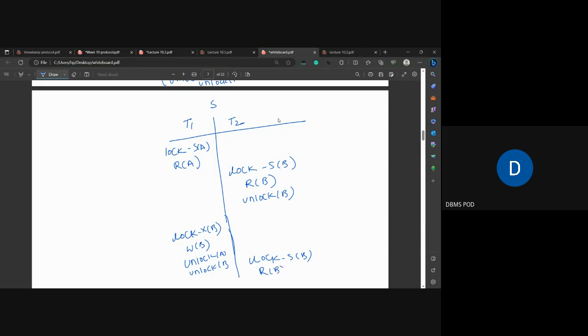Read B, unlock B. So does this schedule follow the protocol?